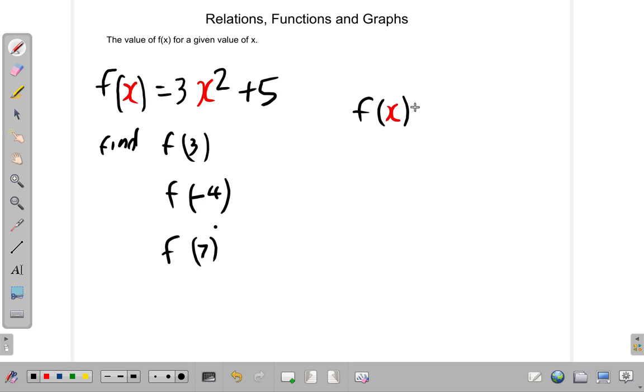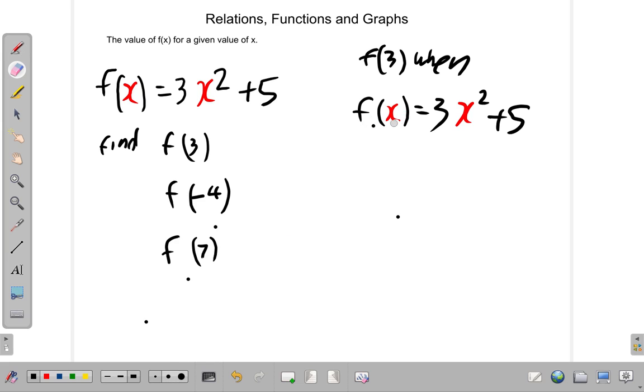F of x is equal to 3x squared plus 5. Now, we want f of 3 when f of x is equal to 3x squared plus 5. Remember, when we have f of x, we put in x. But now, what we want is f of 3, not f of x.